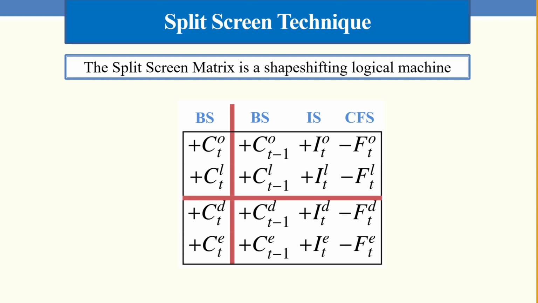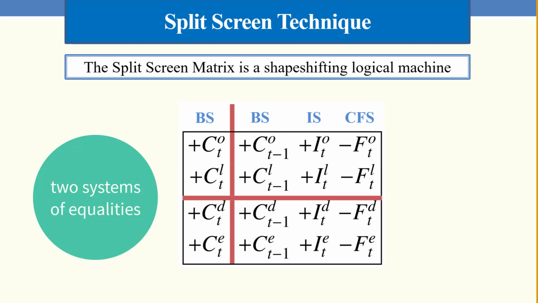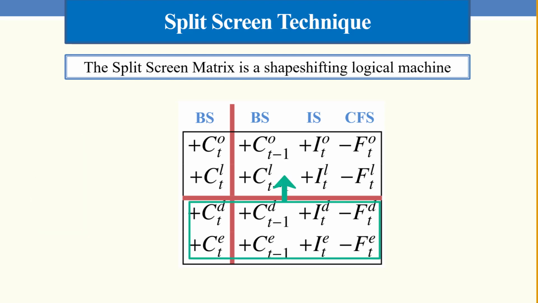First, I remind that the red bars stand for equality signs, so the split-screen matrix may be seen as 2 systems of equalities, one read by rows and one read by columns. This fact has a striking implication. A row in the lower region may be shifted up in the upper region, or vice versa.